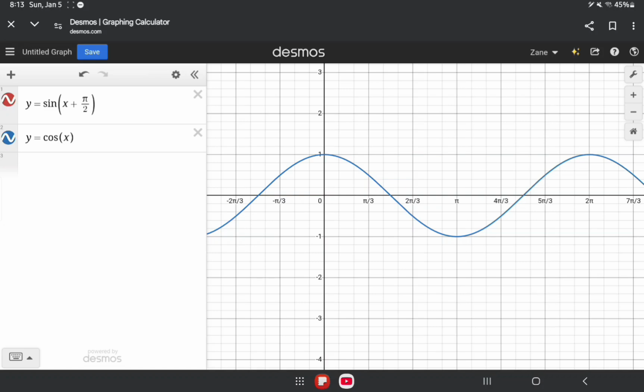For example, if you notice that the graph starts at a high or a low when x is 0, then you're more inclined to use cos x because cos x starts at the max or the min, depending on whether it has a reflection over the x-axis. If it doesn't, maybe it starts in the middle, you could use sine x or maybe cos x with a phase shift. So it honestly depends on what's easiest and what you're trying to accomplish.